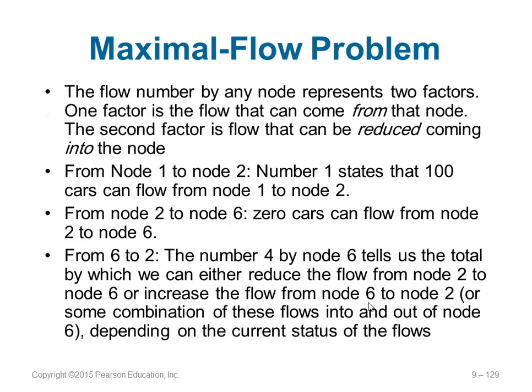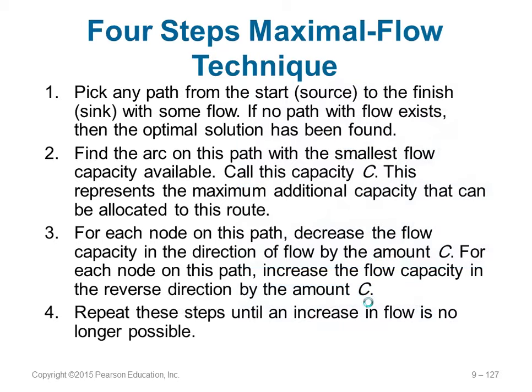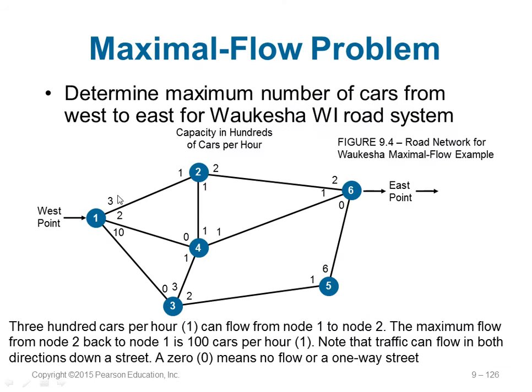Like for example, if you take node number 1, remember this 6 is connected to 1. So coming in is from 6 to 1 plus 2 to 1. There is no 4 to 1, there is no 3 to 1 because it is 0 here. So it's not possible. And going out is 1 to 2, 1 to 4, 1 to 3.